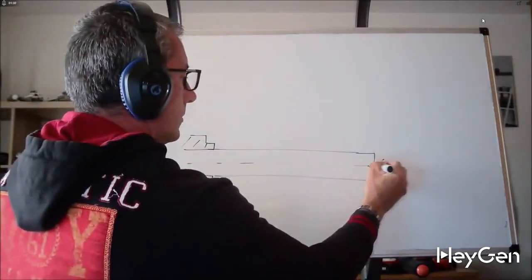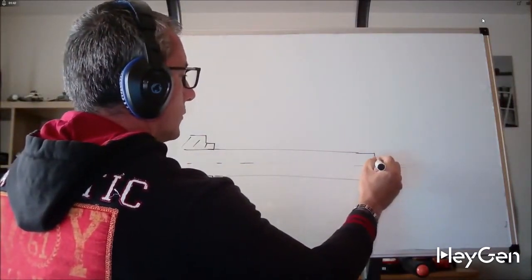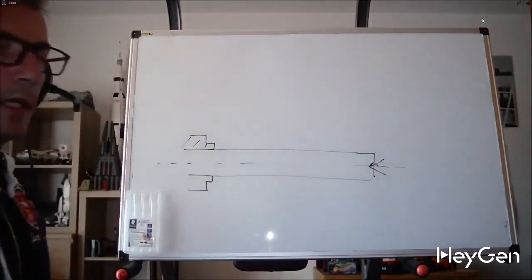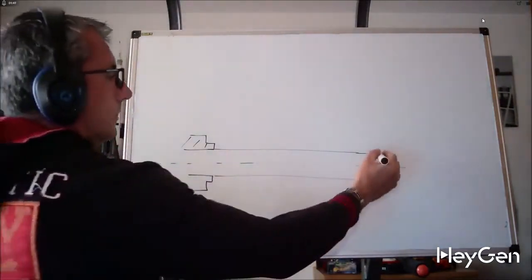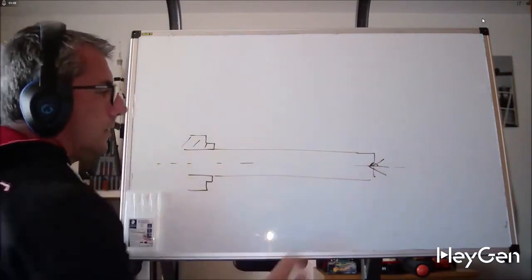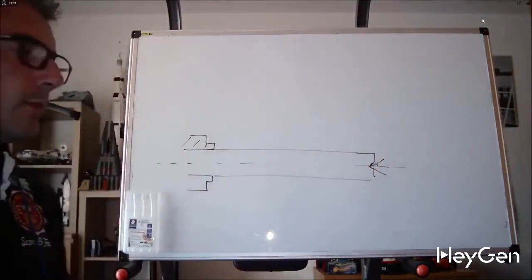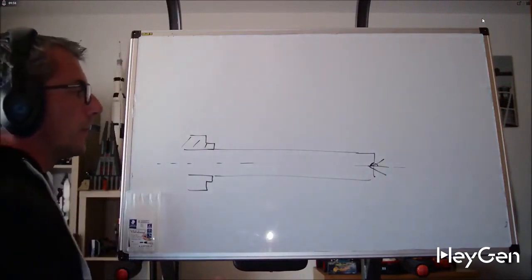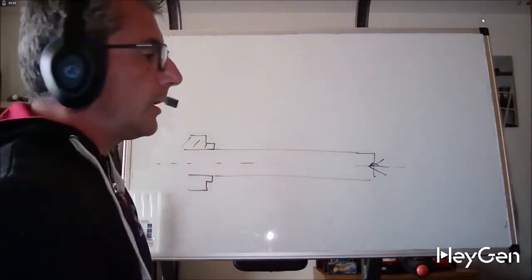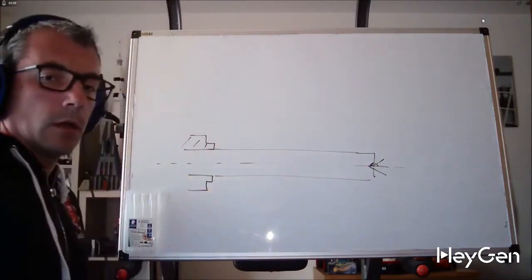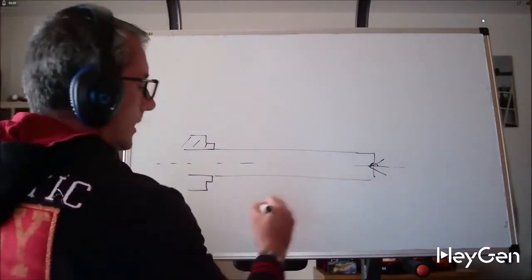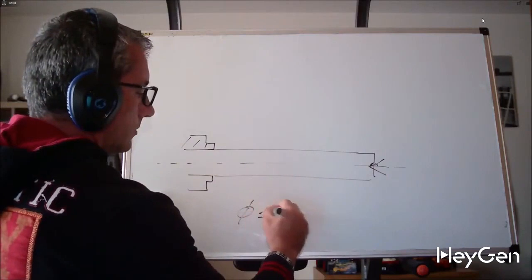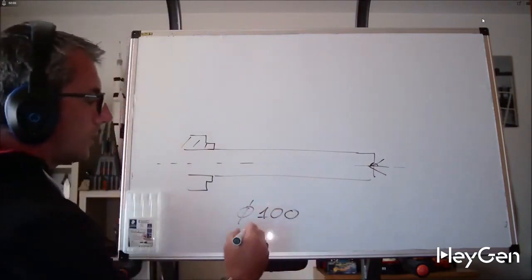We need to work on these bars of equal length, but with different diameters: a bar with a diameter of 100, and a bar with a diameter of 105. Let's say we set up a program for a part with a diameter of 100 and a length of 400.